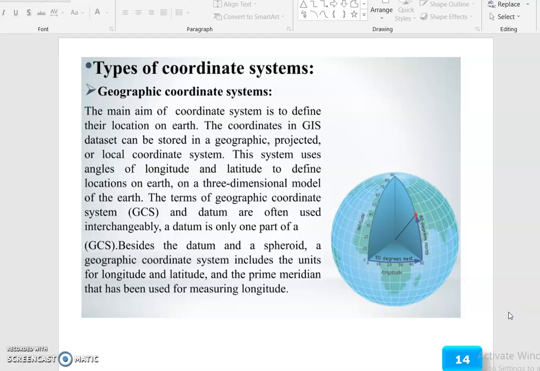On a three-dimensional model of the Earth, the terms geographic coordinate system and datum are often used interchangeably. A datum is only one part of a GCS. Besides the datum and a spheroid, a geographic coordinate system includes the unit for longitude and latitude and the prime meridian that has been used for measuring longitudes.